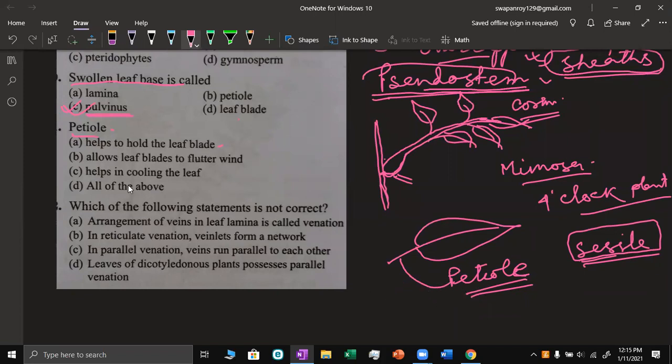Okay, so this petiole helps to hold the leaf blade, allows the leaf blade to flutter in wind, helps in cooling the leaf, all of the above.